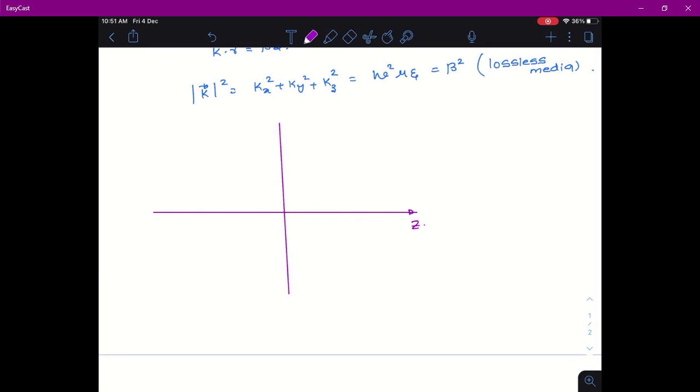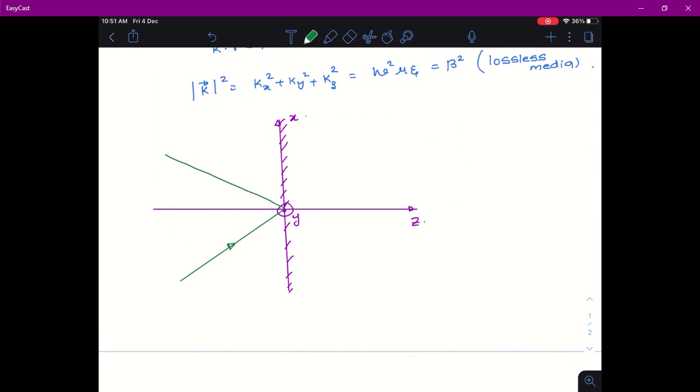Now, this is the boundary. Let us say the boundary is in x, and there is a y which is coming out of the paper towards you. And let us say a wave is traveling, incident on the z equal to 0 boundary, gets reflected, and some portion gets transmitted.